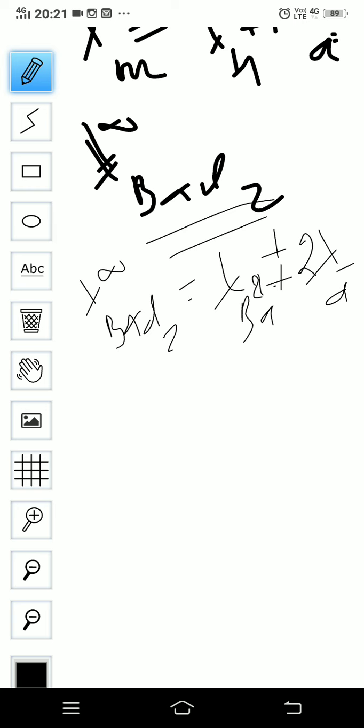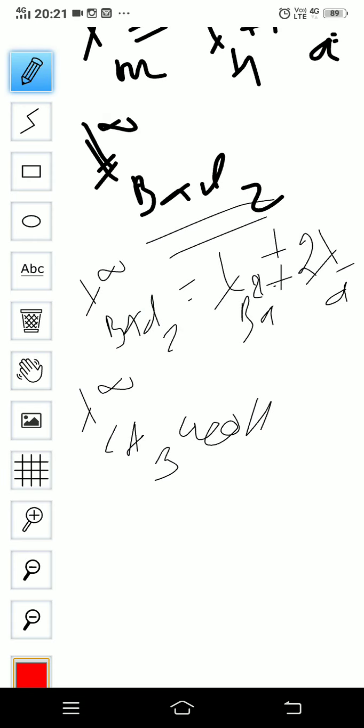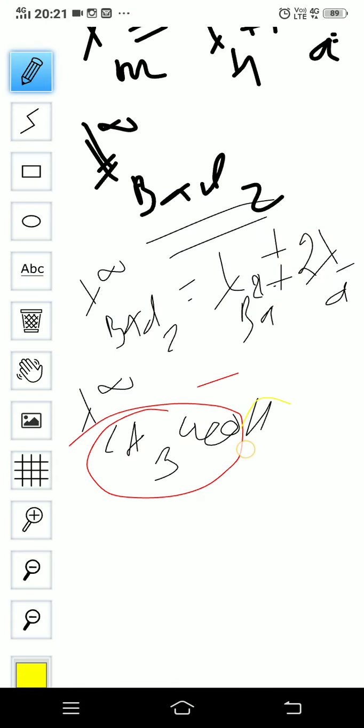If I take the example of a more difficult case, the infinite dilution conductivity of CH3COOH, what is the negative and positive part? We have to first analyze that. CH3COO is the negative part, while H is the positive part.